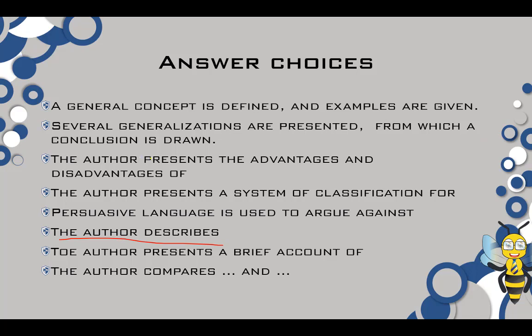The author presents the advantages and disadvantages of something, the author presents a system of classification for something, persuasive language is used to argue against something, or the author describes, the author presents a brief account of something, or the author compares something and something.